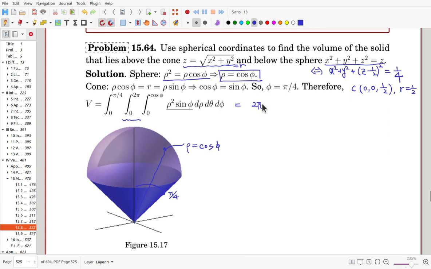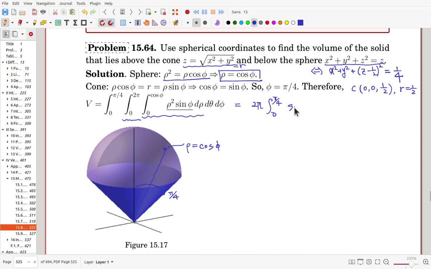Now theta integration, and the remaining part is phi integration from 0 to pi over 4, and we'll try to finish the rho integration first.